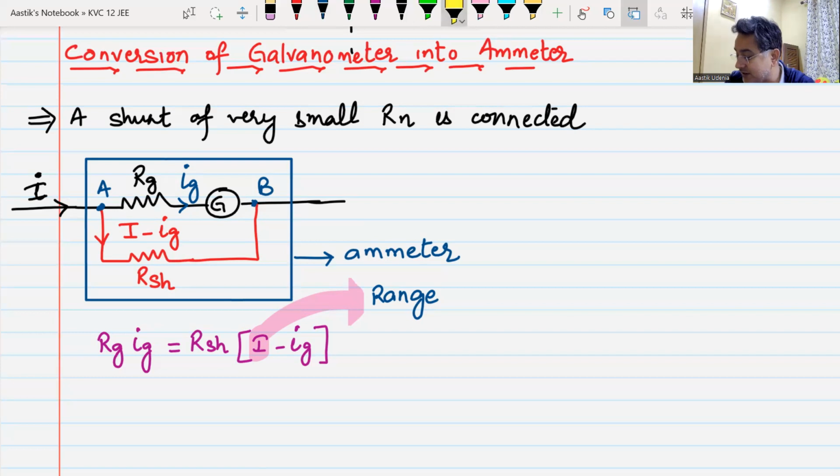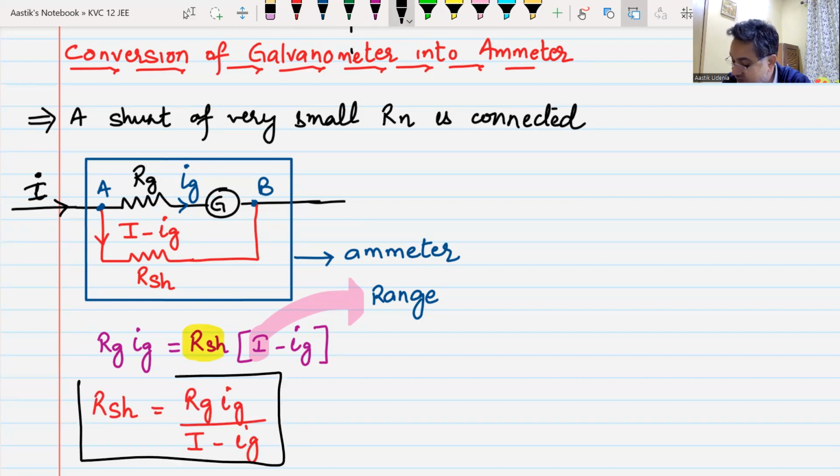From there, you can calculate the value of R shunt. R shunt will be equal to Rg into Ig divided by I minus Ig. This is how you will get the value of the shunt resistor, and you can convert a galvanometer into an ammeter.